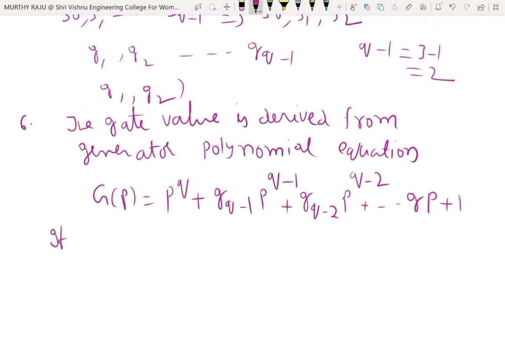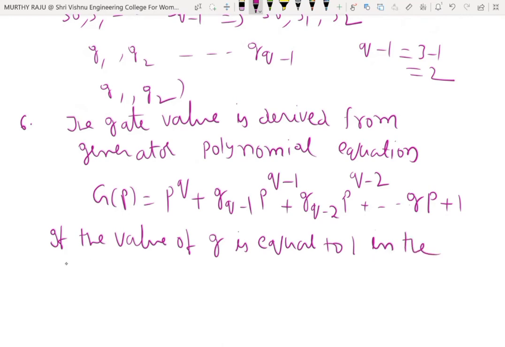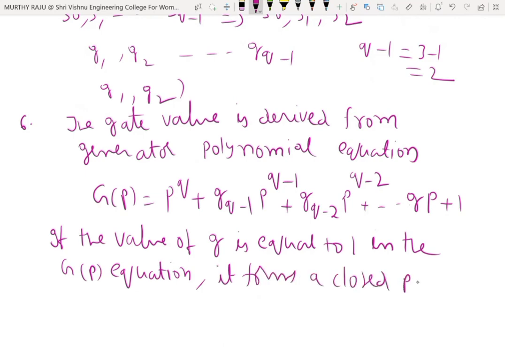If the value of g is equal to 1 in the G(p) equation, it forms a closed path. This is the sixth point, very, very important. Else, it forms an open path.